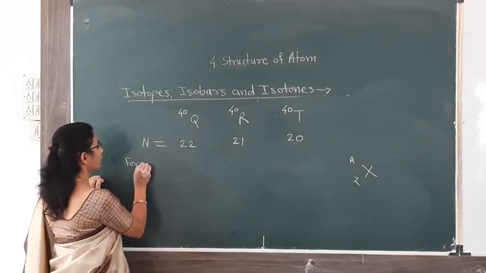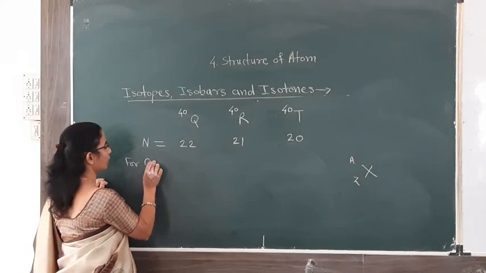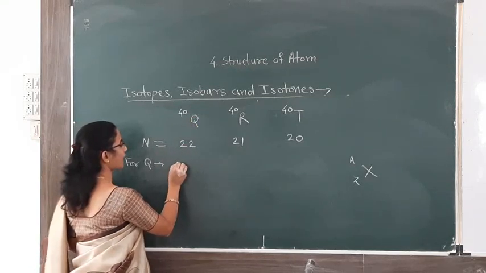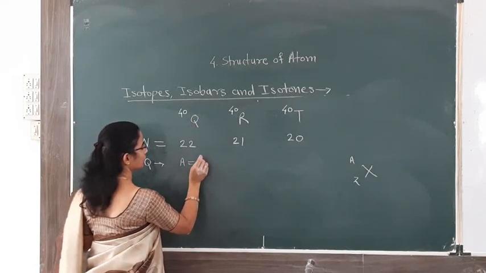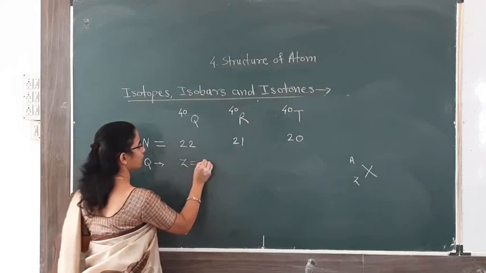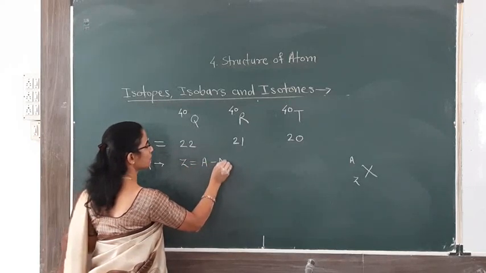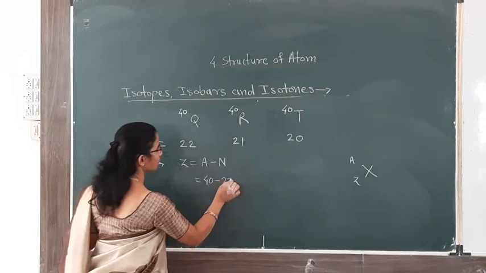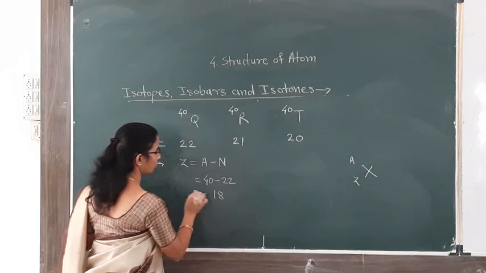Very simple calculation. For the element Q, atomic number Z is equal to A minus N, that is 40 minus 22, that is equal to 18.